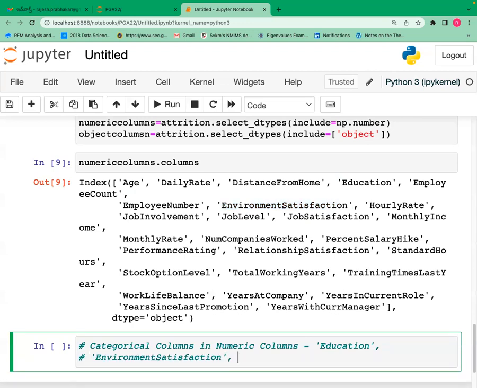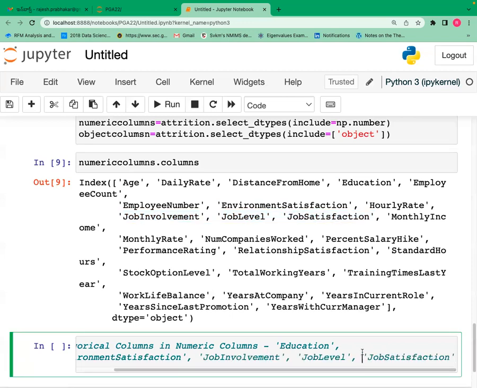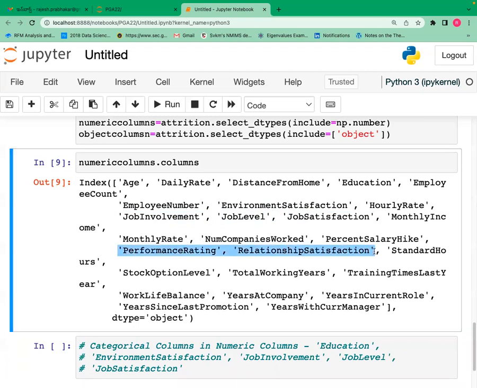Hourly rate, numerical. Job involvement, I think, is categorical. Job level is categorical. Job satisfaction is categorical. Then monthly income is numerical. Monthly rate is numerical. Number of companies worked, percent salary hike, performance rating, relationship satisfaction, both are categorical.